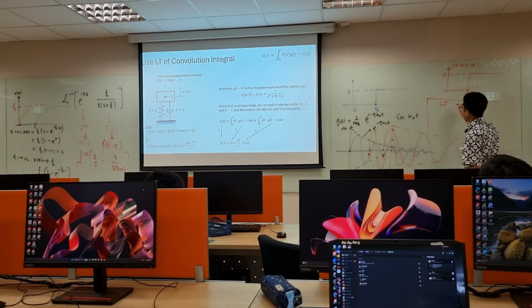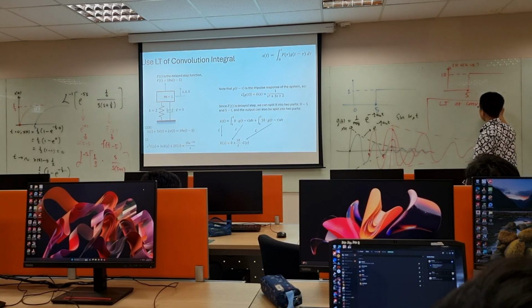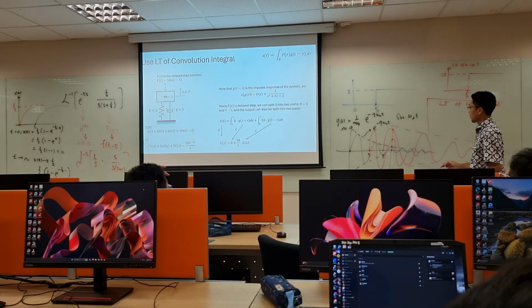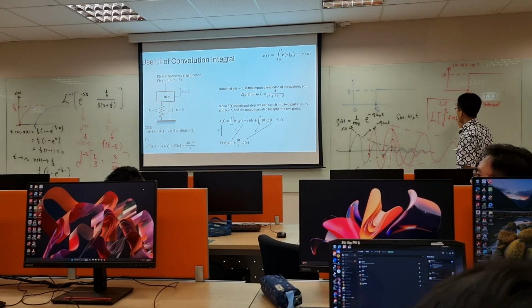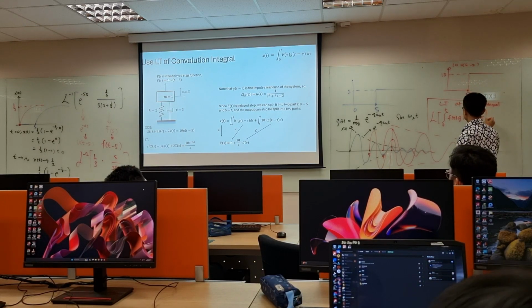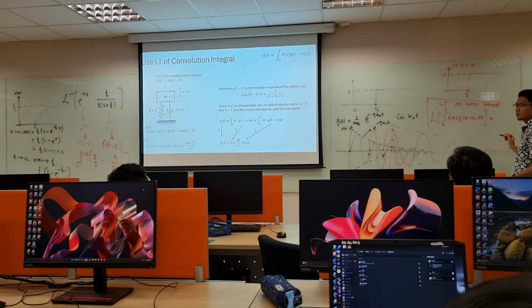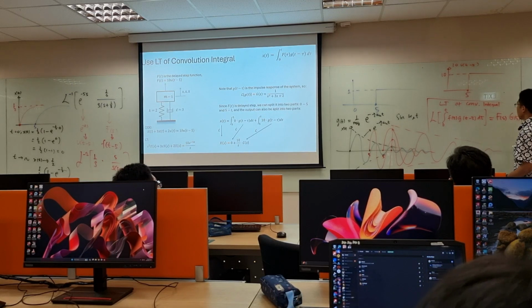The Laplace transform of the convolution integral. The Laplace transform of the integral from 0 to t of f(tau) g(t minus tau) is equal to F(s) times G(s).